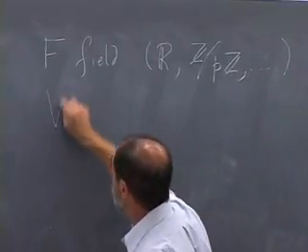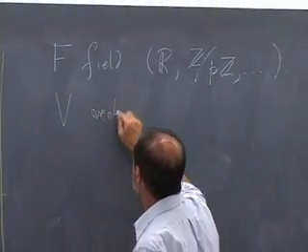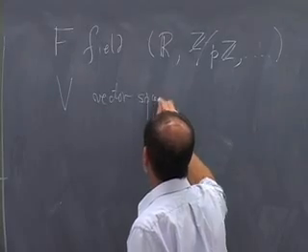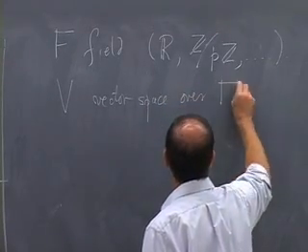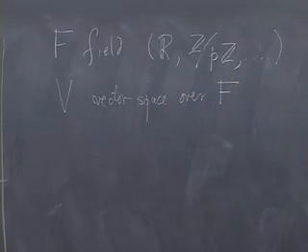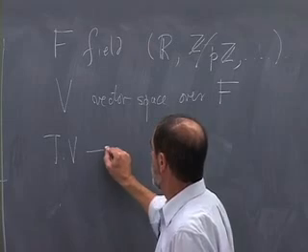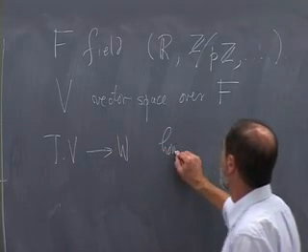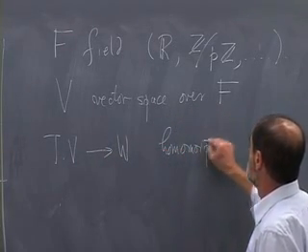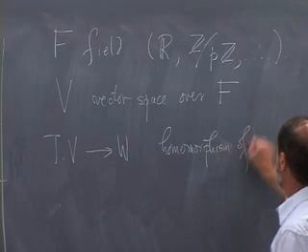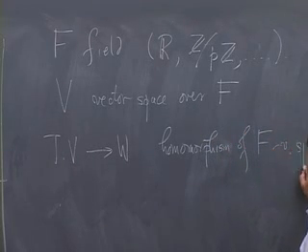And then we had the notion of V, a vector space over F, which was an abelian group together with a scalar multiplication law from F. And we defined the notion of a linear map, homomorphism, of F vector spaces. So today we're going to investigate vector spaces in more detail and do the notion of span and basis.